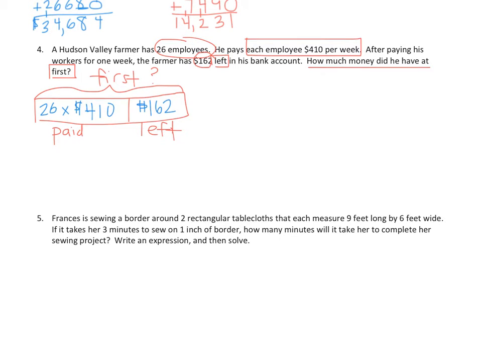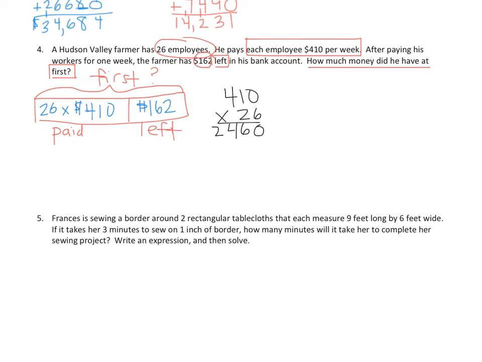So let's go ahead and I'm going to do 410, and I'm going to multiply it by 26 because 26 has 2 digits, and I'd rather do 2 partial products than 3 partial products. So 6 times 0 is 0. 6 times 1 is 6, and 6 times 4 is 24.